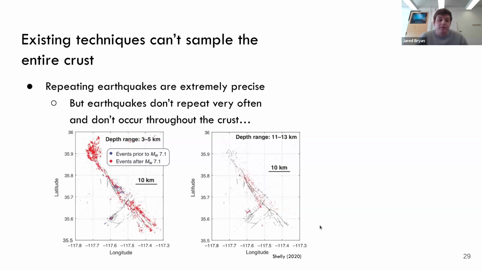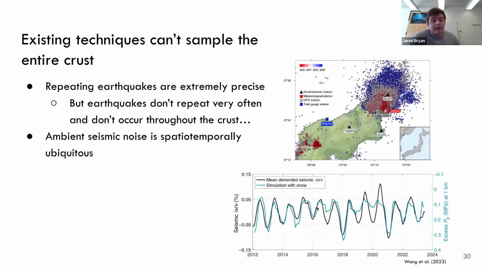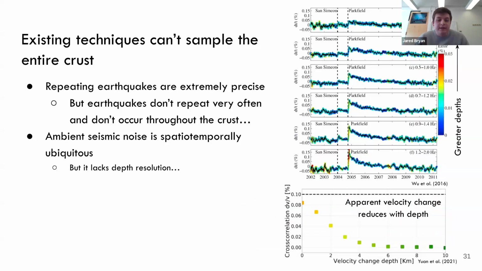But these earthquakes don't repeat very often, and they don't occur everywhere in the crust. So they'll be concentrated more toward the shallow crust, just by nature of needing to generate some seismic rupture. Ambient noise is another technique you might use. It's ubiquitous in both space and time, but it also tends to lose sensitivity with depth.